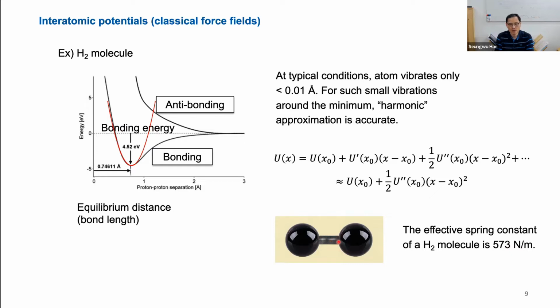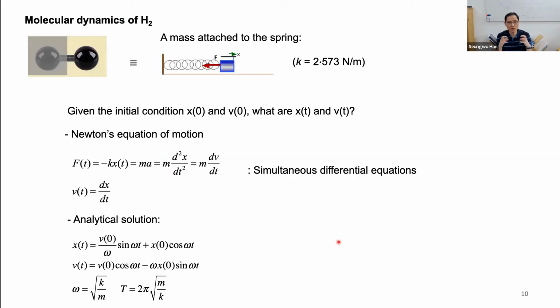Okay. So with this effective spring constant, you have the interaction between this H2 proton-proton, and so you can describe the motion, or the vibration, of this H2 molecule. Let's consider just the symmetric vibration. Then if you hide one part of this molecule, this is the same as a mass attached to the wall with a spring.